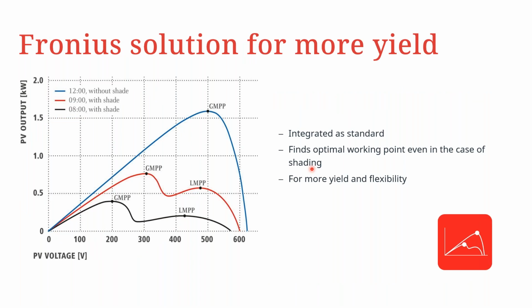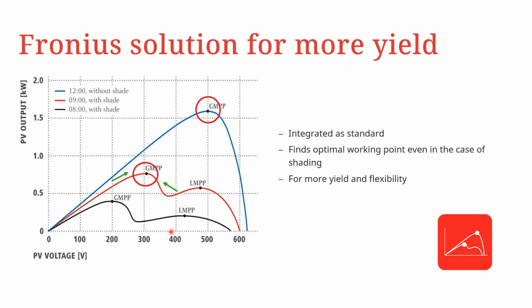So Fronius offers a solution within every one of our inverters with the Dynamic Peak Manager, as mentioned. Instead of the inverter staying at the local maximum power point, the Fronius inverter is able to intelligently shift the operating point, and this happens by either increasing or reducing the operating voltage.